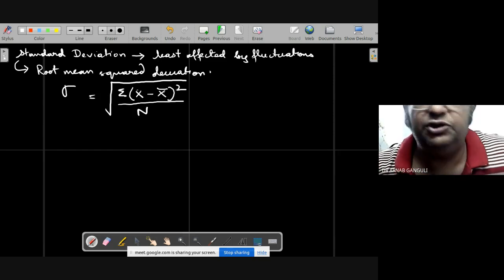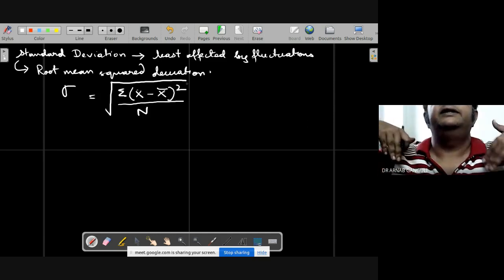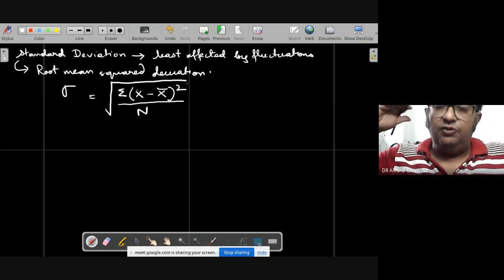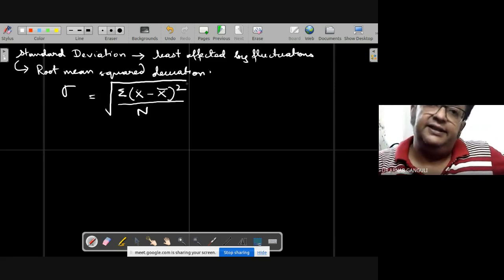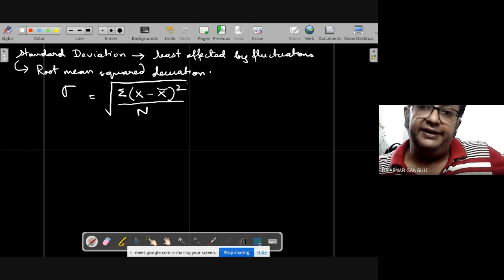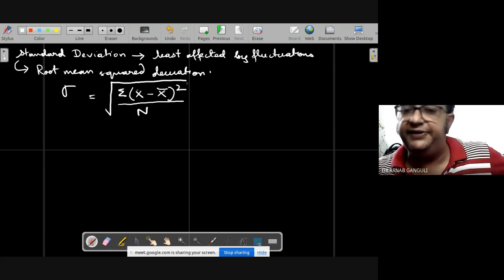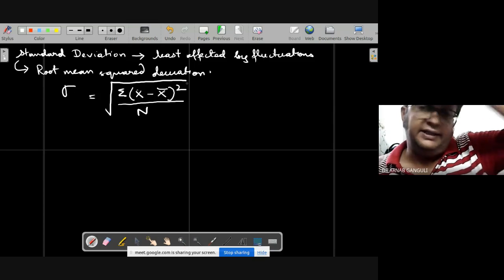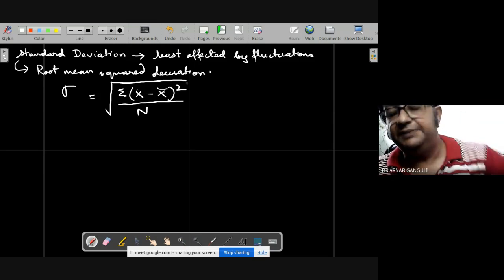You do the whole square so that you can remove the minus value. So for example, your x is say 100 and your sigma is 50. So it becomes 100 minus 50. But when you take a whole square, the minus becomes plus.